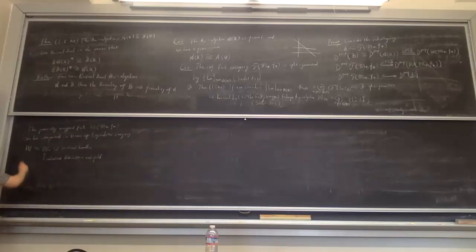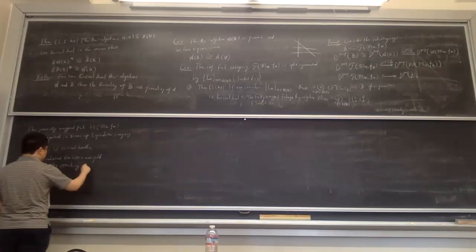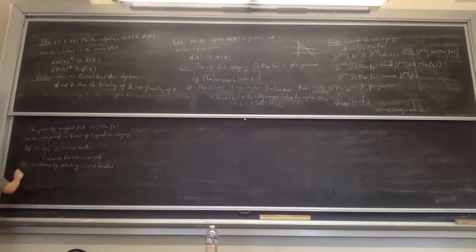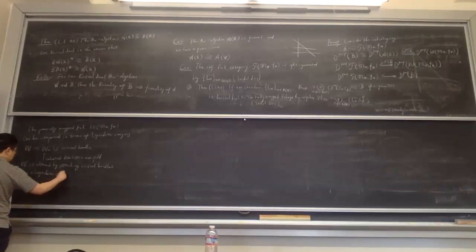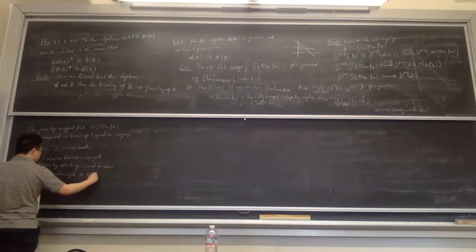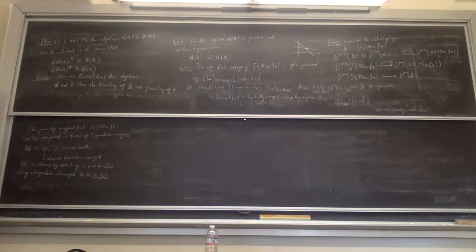So what you can do is that W is obtained by attaching critical handles along a Legendrian submanifold, Lambda, which lies inside the ideal boundary of your subcritical Weinstein manifold.